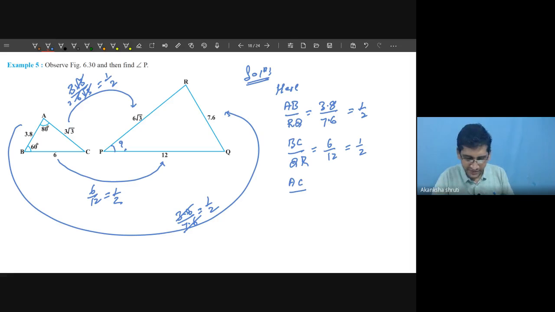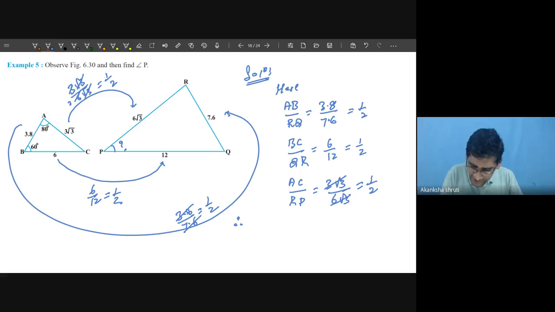The remaining side is our AC by our RP. This is our 3 root 3 by 6 root 3, getting cancelled, 1 by 2. Therefore, after calculating this ratio, you can write AB by RQ is equals to BC by QR is equals to AC by RP.